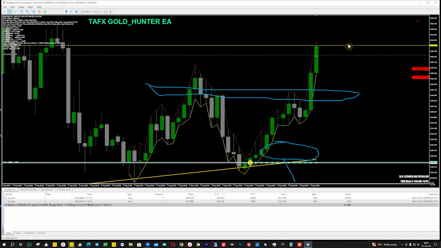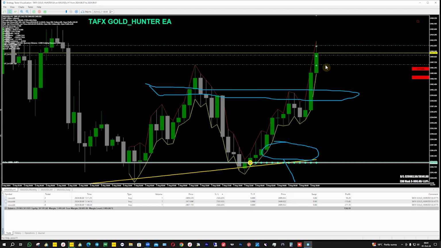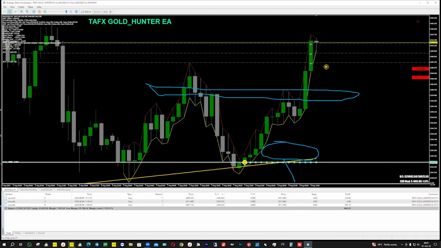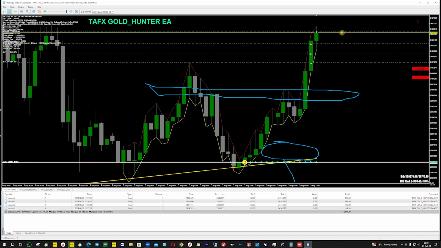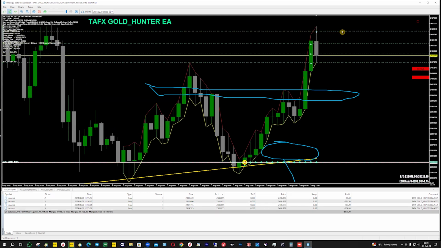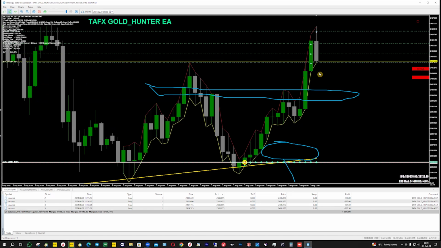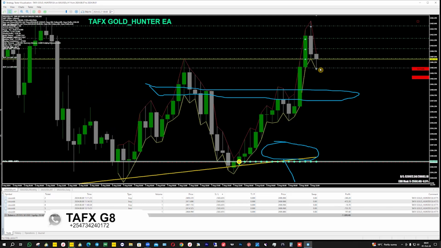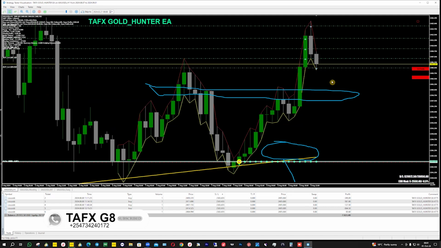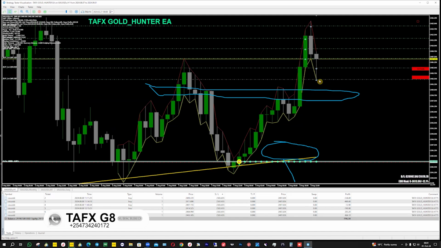All right. So the first position is already placed here. Now the other position is when the market is going on our side. We're waiting to see if it will reverse. Another one is here. So we have the grids for when the market is going on our side and when the market is going against us.